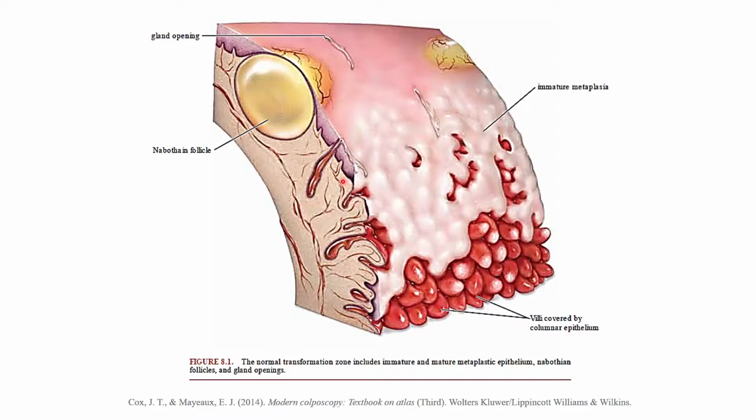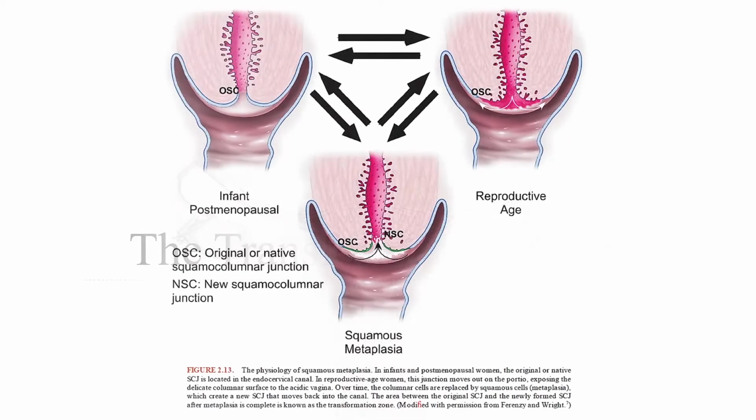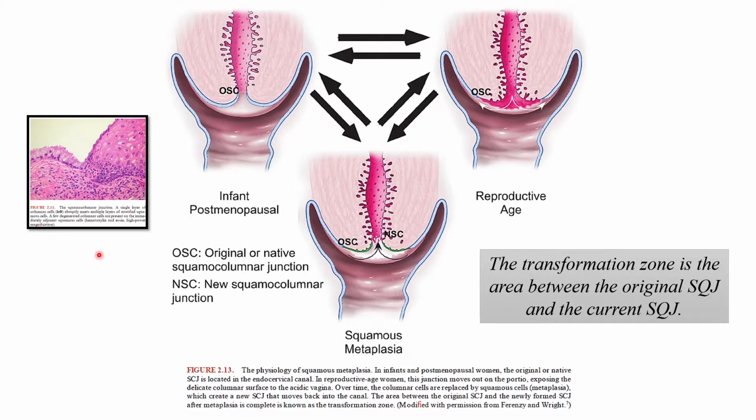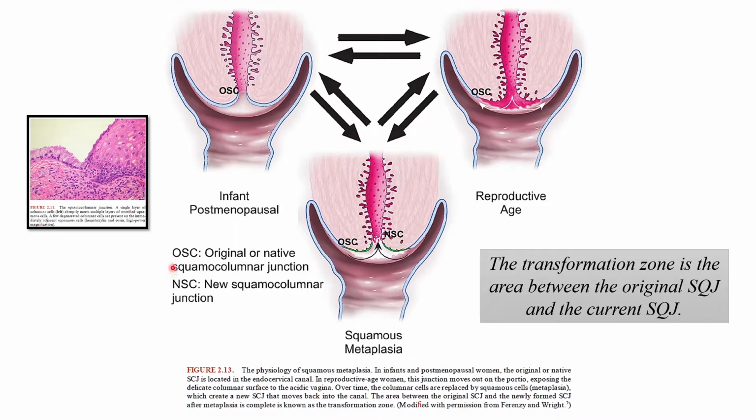So, what is the transformation zone? The squamocolumnar junction is not always in the same place. At birth, we can see here the original or native squamocolumnar junction, that then moves from its original position at the endocervix towards the ectocervix.